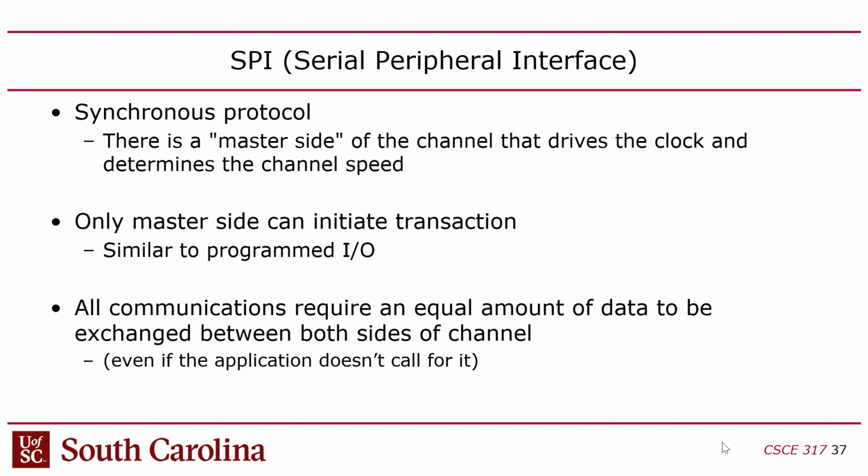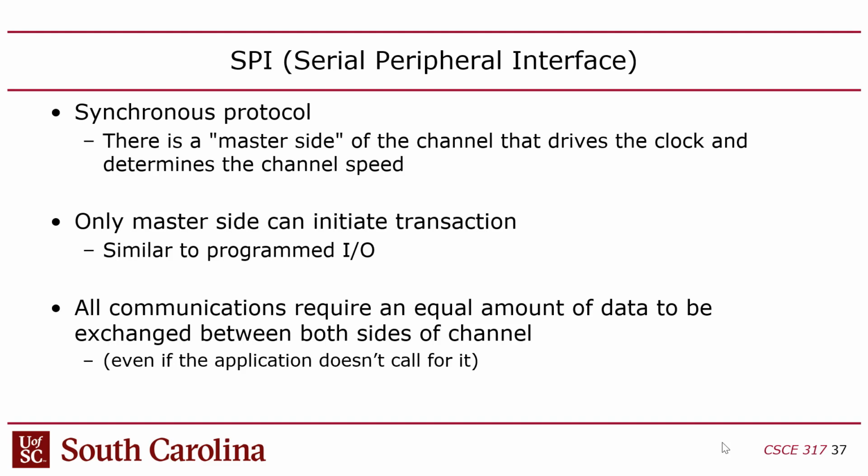I think the PCI bus has a side channel that's I2C for debug. So they're pretty common, but obviously they're not intended to be high performance. So we've got synchronous versus asynchronous. That basically means if there's a clock signal. SPI is single master, I2C is multi-master.